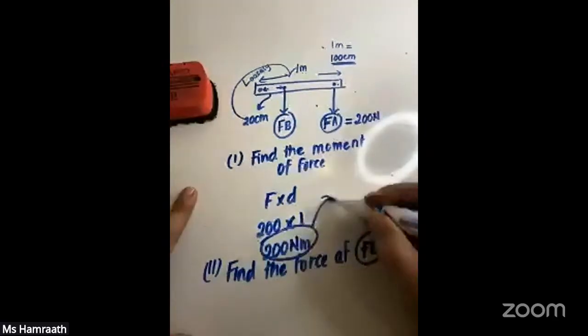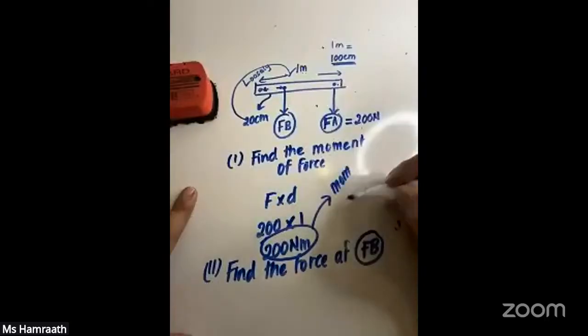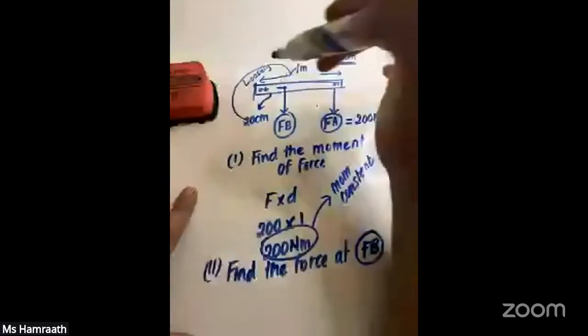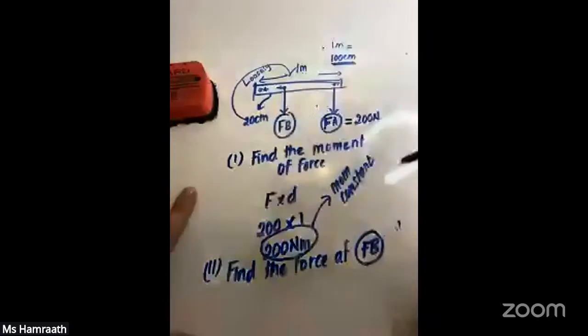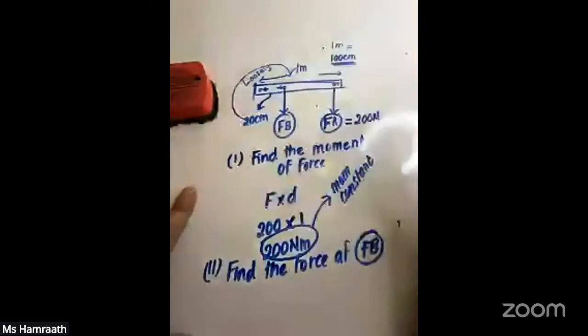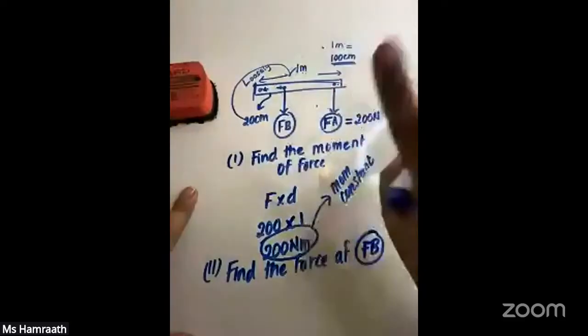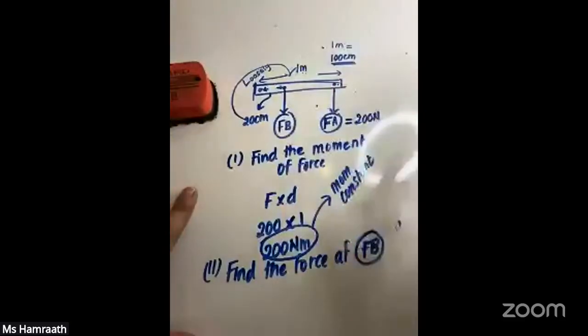My idea is that the moment of force is always constant. If you have one object, wherever you apply the force, the moment of force will always be constant. So if you find it once, you don't need to find it again and again. That one moment of force will help you find the answer for the rest of the questions.